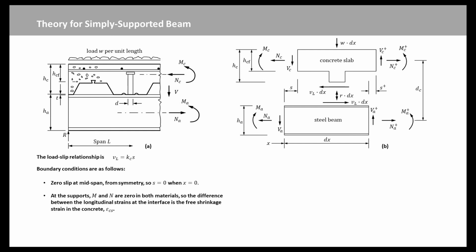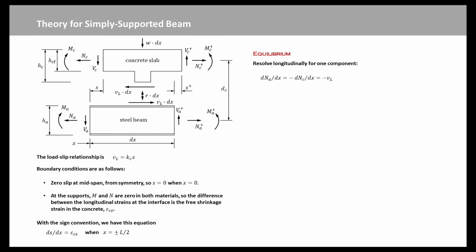At the supports, M and N are 0 in both materials, so the difference between the longitudinal strains at the interface is the free shrinkage strain in the concrete, epsilon cs. As the tension positive convention is used, shrinkage strain is a negative number. With this sign convention, we have this equation.